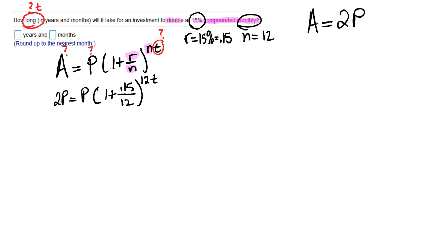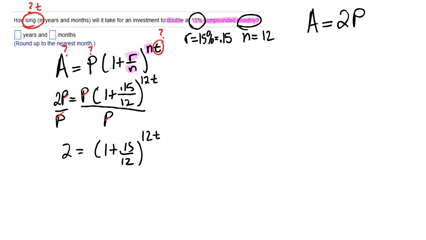Okay, so we're going to start solving, and because we have P's on both sides, P's are factors on both sides, we can divide that factor out. So the P cancels from the left and the P cancels from the right. We have 2 equals 1 plus 0.15 over 12 to the 12t.